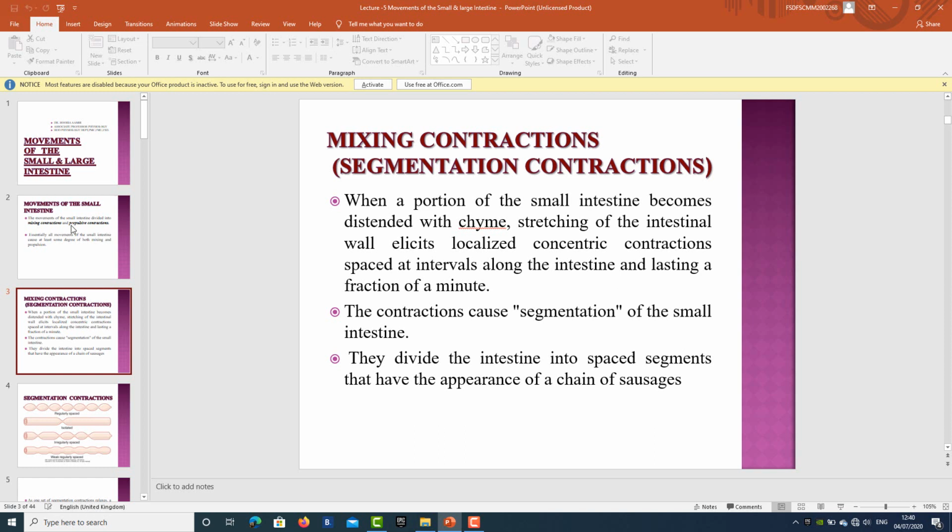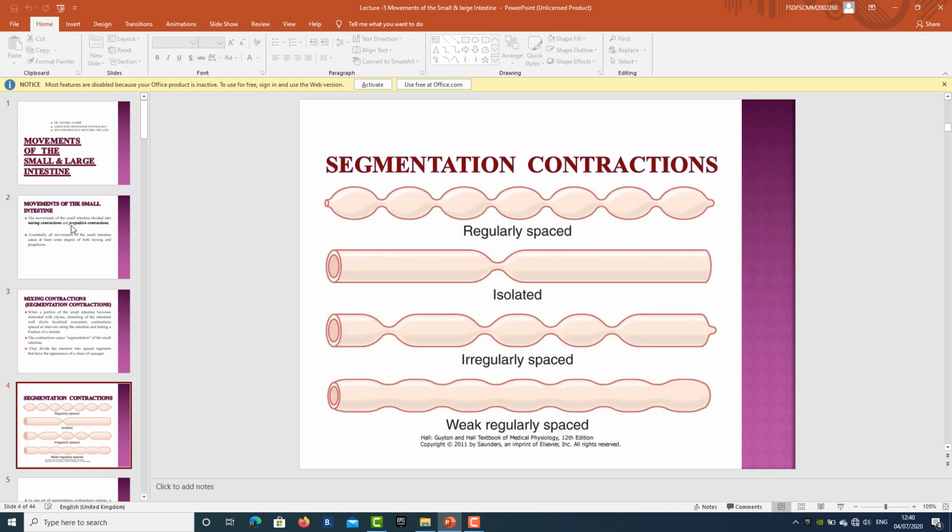The contractions cause a segmentation of the small gut, and they divide the intestine into spaced segments that have the appearance of a chain of sausages. The segmentation contractions are regularly spaced. They can be isolated, irregularly spaced, or weak.